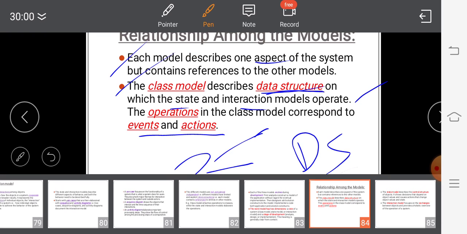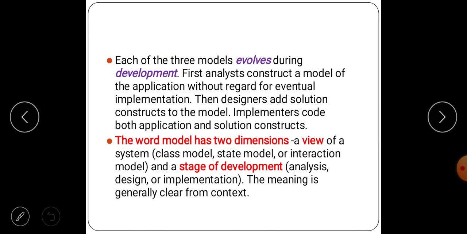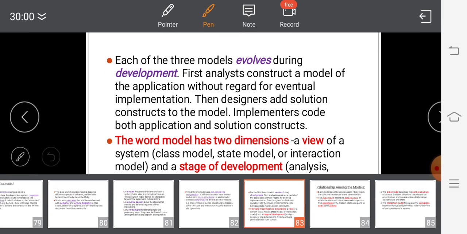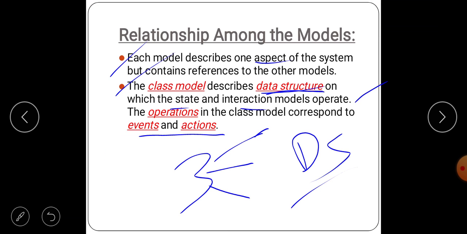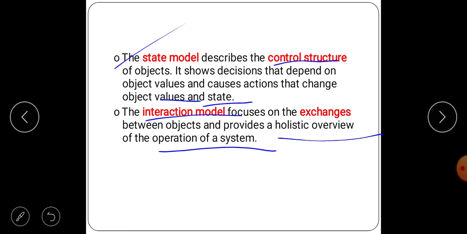So the class model describes data structure, the state model describes control structure, and the interaction model focuses on exchange between the objects and the operation of the system as a whole.